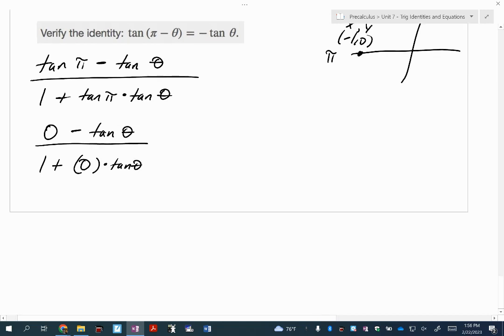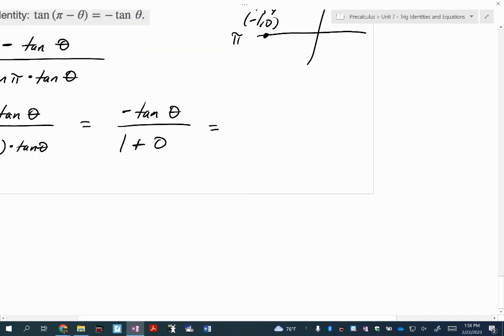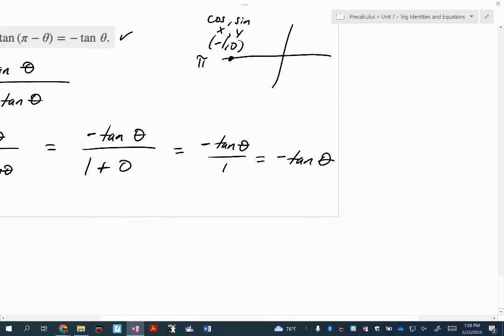So if I keep going with that, I get the opposite of the tangent of theta over 1 plus 0, right? Anything times 0 is 0. And if you reduce that, you get negative tangent of theta over 1, which is the same as the opposite of the tangent of theta, which is what I wanted. I wanted this to be equal to the opposite of the tangent of theta.